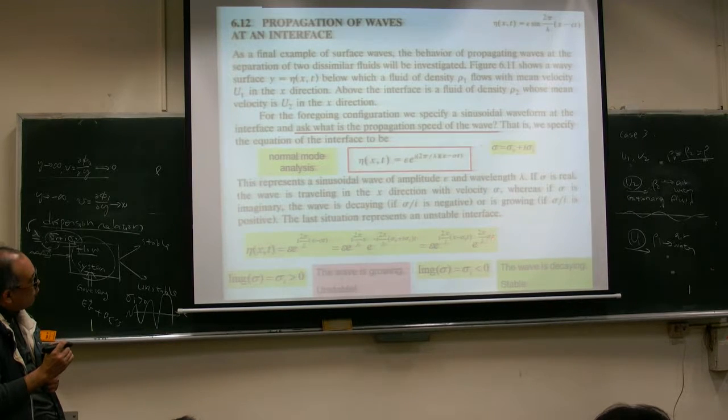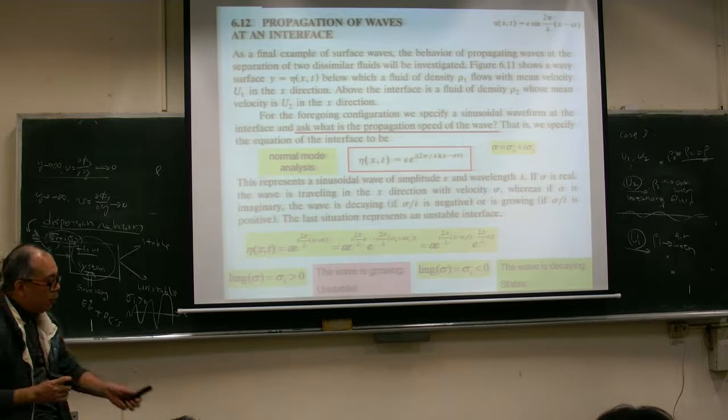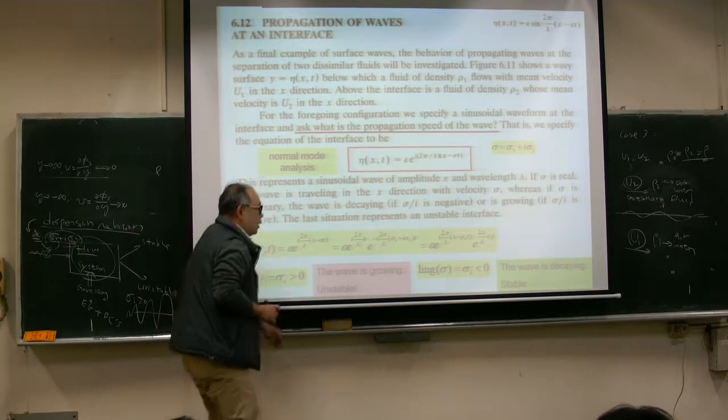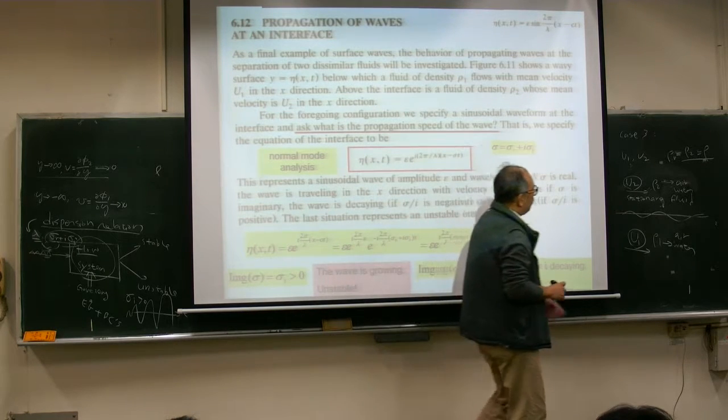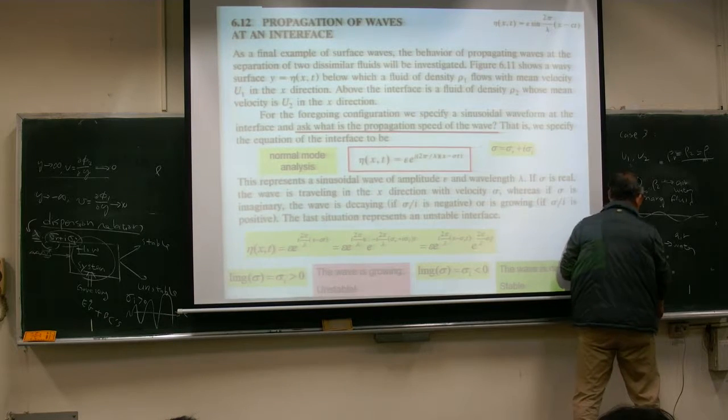And then as time goes on, since sigma i is greater than 0, our amplitude becomes epsilon times this exponential function. So that means our amplitude will be growing with time. That's unstable. So this case is unstable. Whenever we see velocity shear, this is unstable.